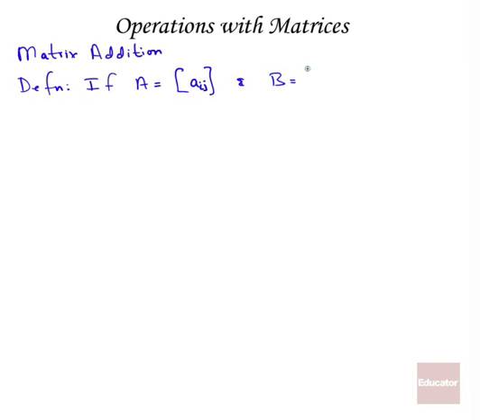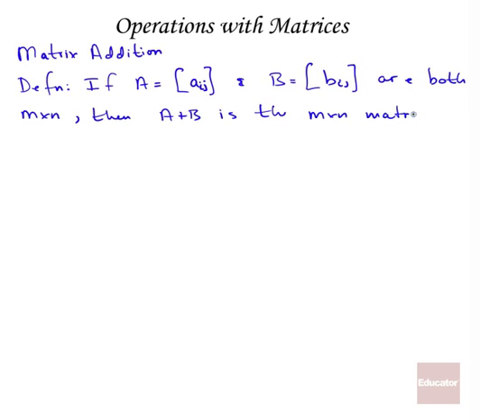And if B is equal to the matrix b ij, are both m by n, then A plus B is the m by n matrix C, c ij, where c sub ij equals a sub ij plus b sub ij.